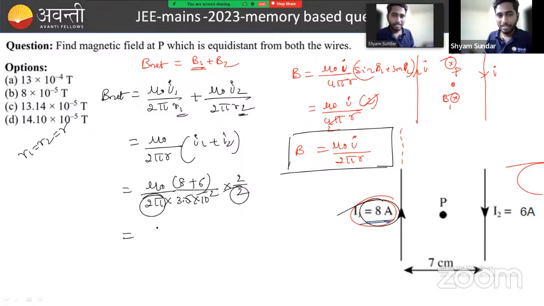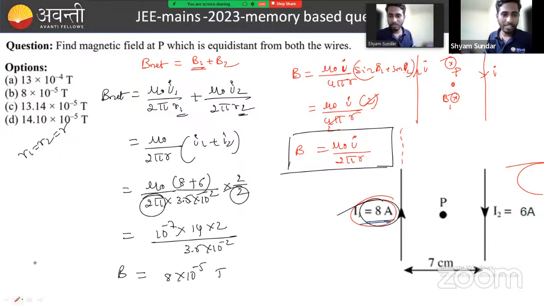Then the value will be 10 to the power of minus 7 into (8 plus 6), which is 14 into 2, means 28, divided by 3.5 into 10 to the power of minus 2. Okay, do calculate this one, guys. Simplified, you will get nearly 8 into 10 to the power of minus 5 Tesla. Okay, 8 into 10 to the power of minus 5 Tesla.